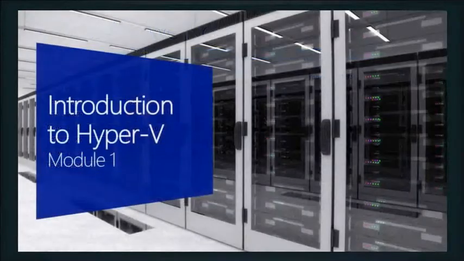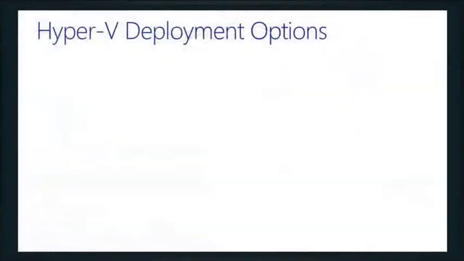So as we jump into the beginning, the Hyper-V module, there are a couple of ways we do deployments, and I want to talk about that first. There's a lot of people that think Windows is installed first and then Hyper-V is installed, and actually what happens when you install Hyper-V, and there's a couple of different ways to do that, is there's a free version of Hyper-V Server, and there's also a Server 2012 download where you turn on the role of Hyper-V.